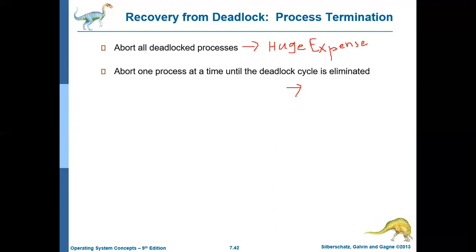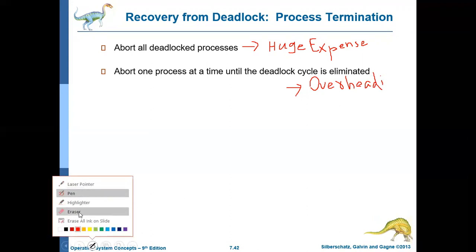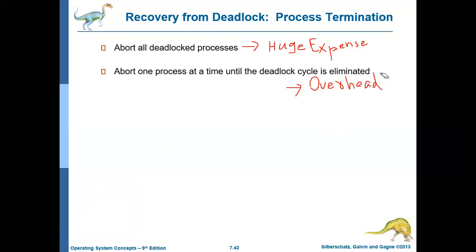So what kind of overhead does it create? First you have to identify the process to be terminated, and then after aborting a particular process, once again you should run the deadlock detection algorithm to check whether the system is in the deadlock state or not.